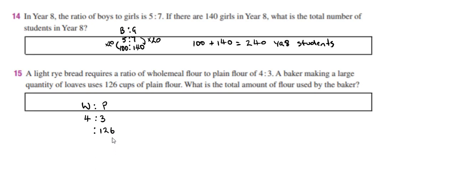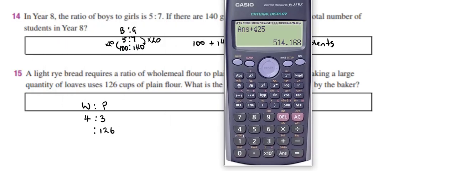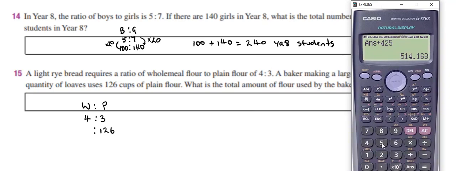Now, what do I times 3 by to get to 126? Well, if you're not sure how to do that, we can grab a calculator and just say, well, 3 will go into 126, how many times? 42 times.